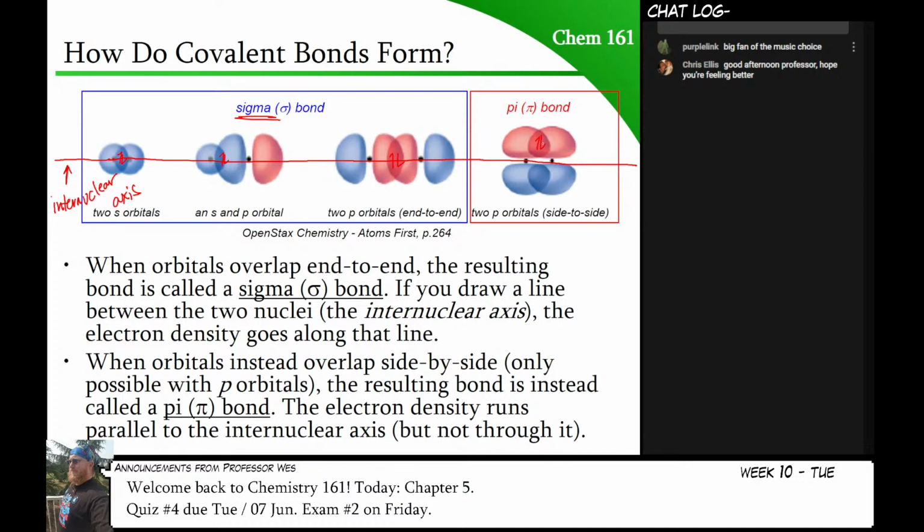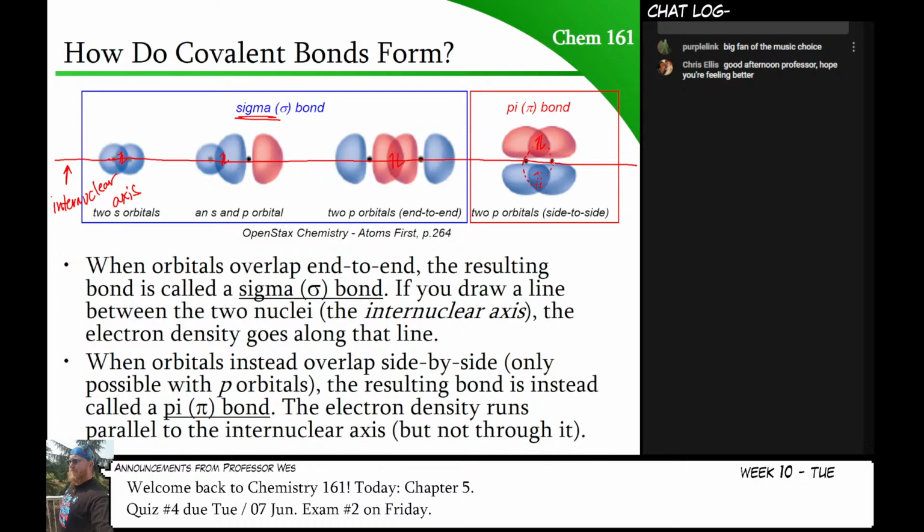A pi bond is kind of weird. It is not a linear bond. It's sort of this strange sort of bent bond, except that it's also down here too. Because my electrons are occupying both of those spaces at once.